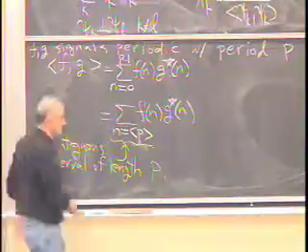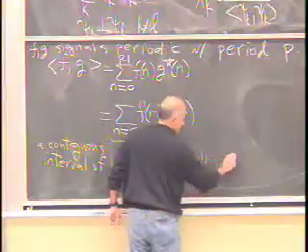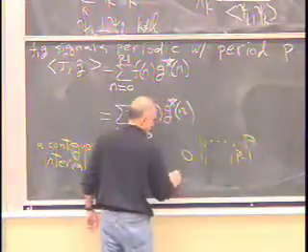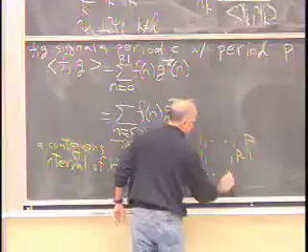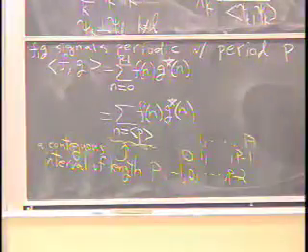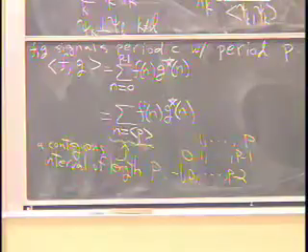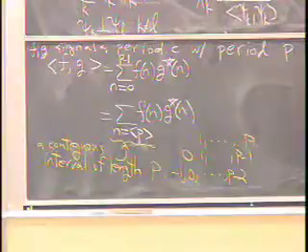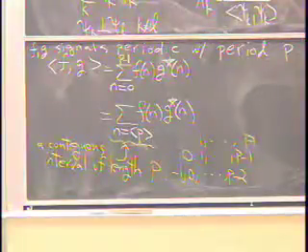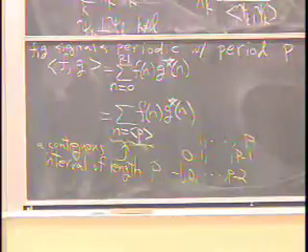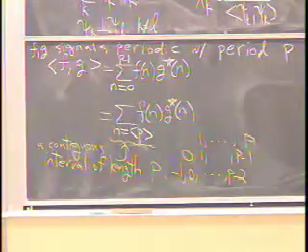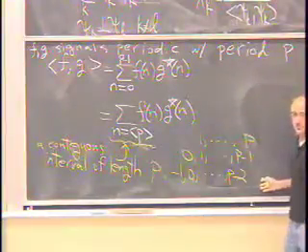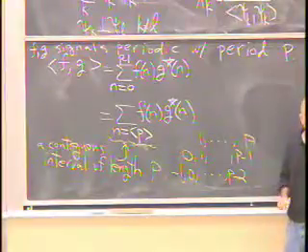So it could be 0 to p minus 1. It could be 1 to p. It could be minus 1, 0 to p minus 2. Whatever is more convenient. If the signal happens to be symmetric, then what kind of interval would you pick? From some negative value to some positive value. Right? If the signal is symmetric, you probably want to go from some negative number to as close to it on the positive side as you can.